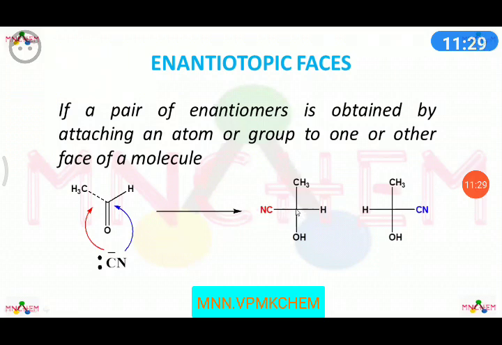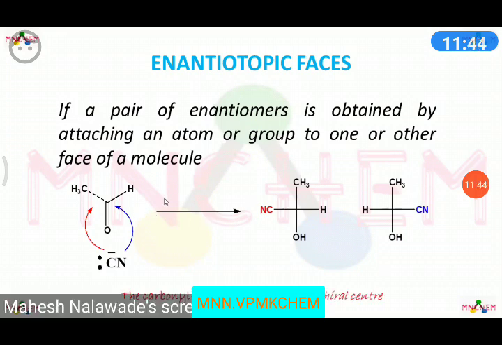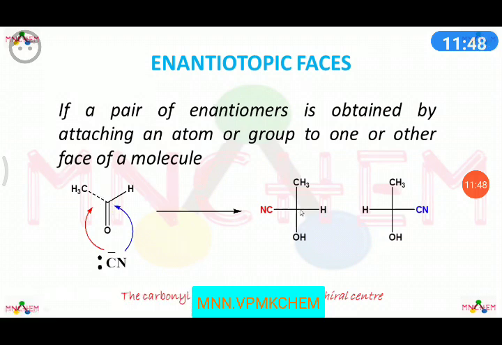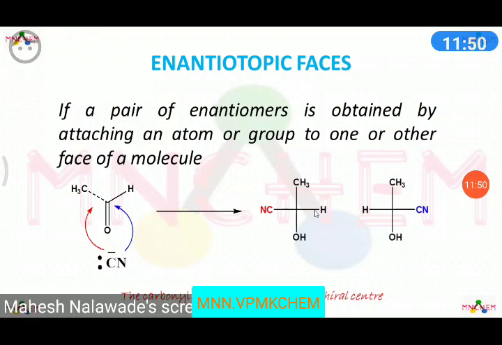It is attached to four non-identical groups or atoms. So such carbon centers are known as prochiral centers. The carbonyl carbon here in the acetaldehyde molecule is referred to as a prochiral center. It is converted to the chiral center after substitution with cyanide.